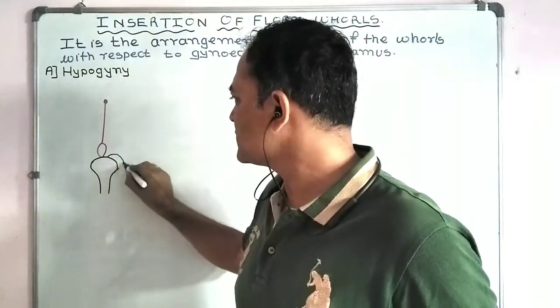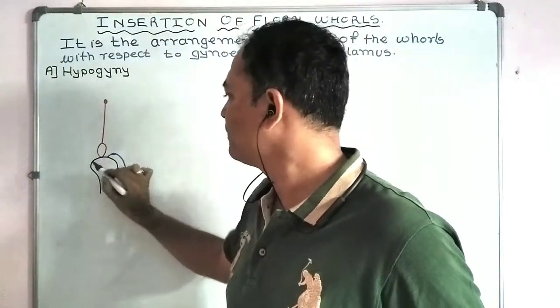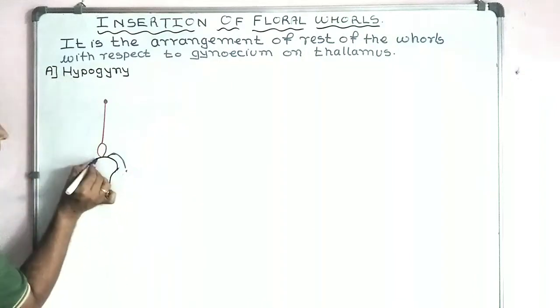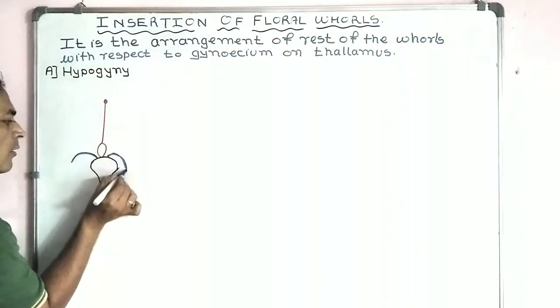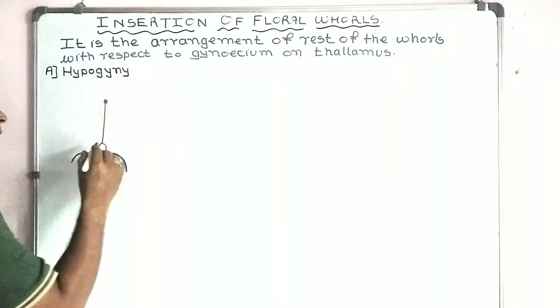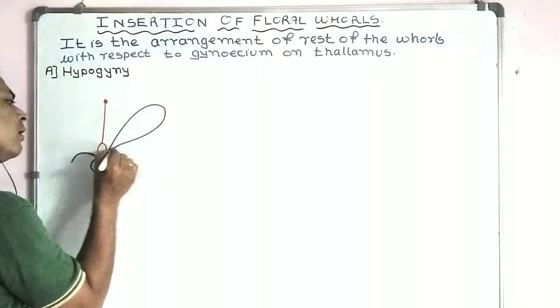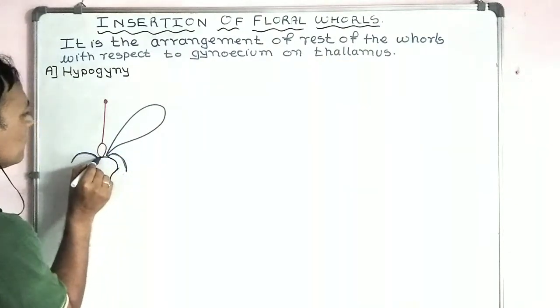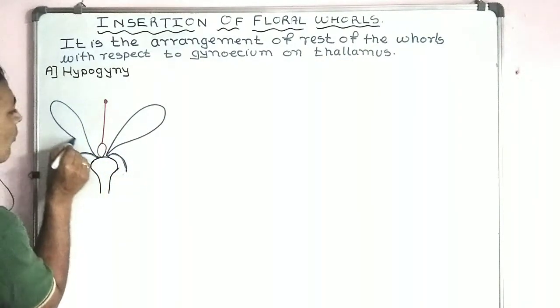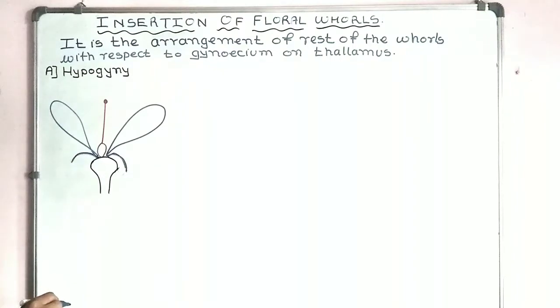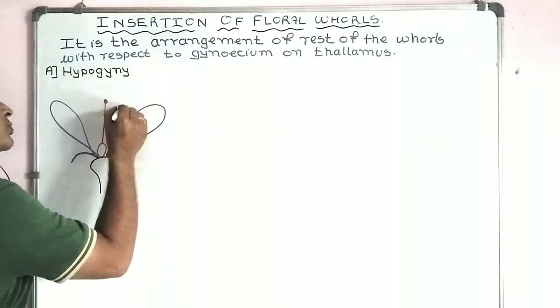Let's say this is the calyx, then corolla, and then androecium.